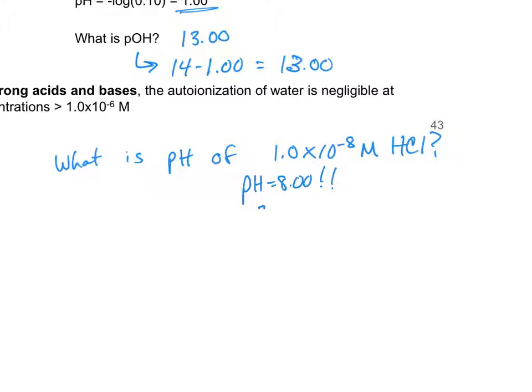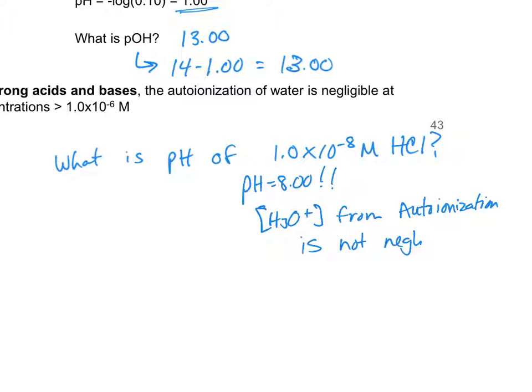Now the concentration of H3O+ from autoionization is not negligible. We would actually have to go through and account for that. We'd have to add the concentration of H3O+ from the acid and that from the ionization of water.